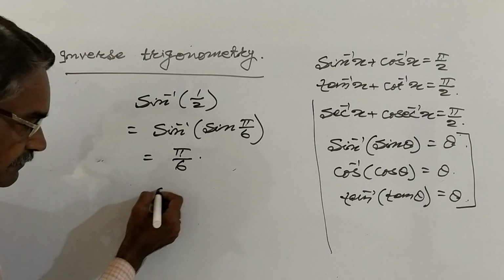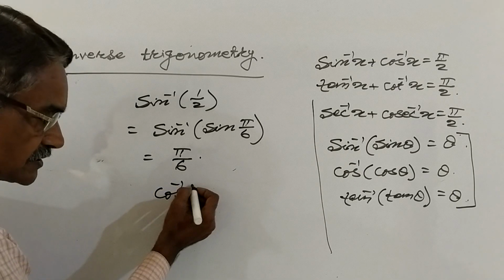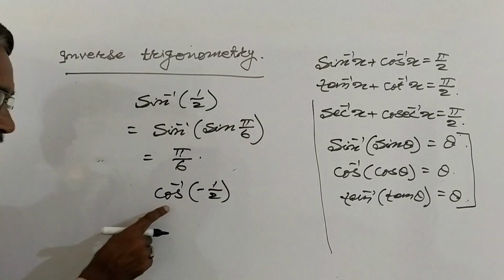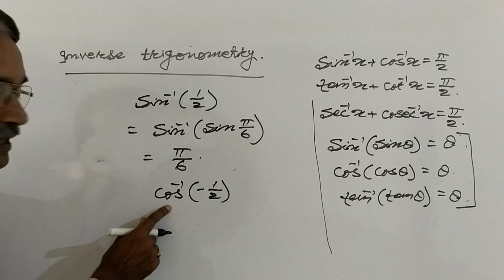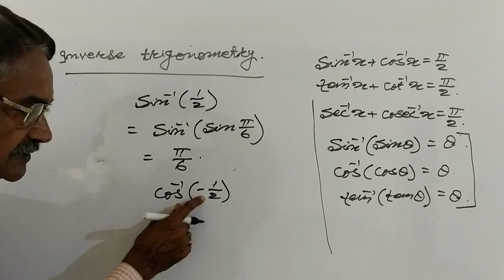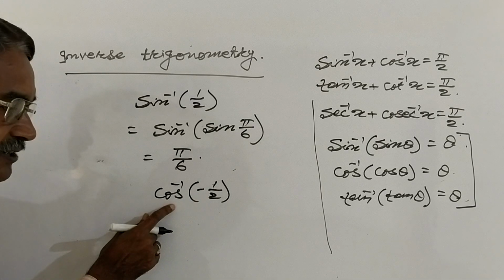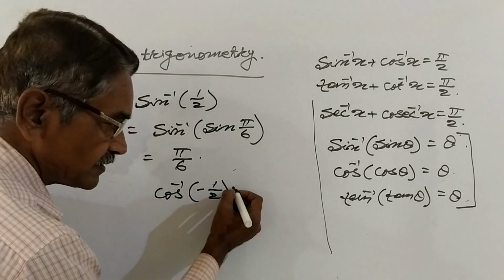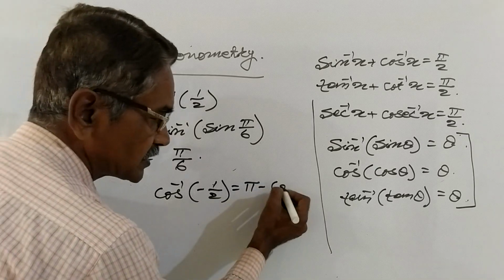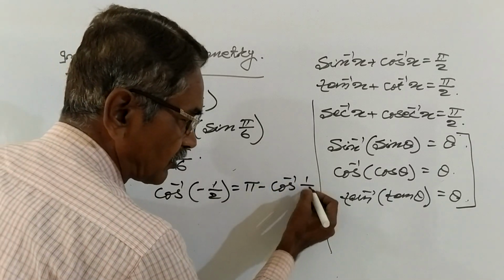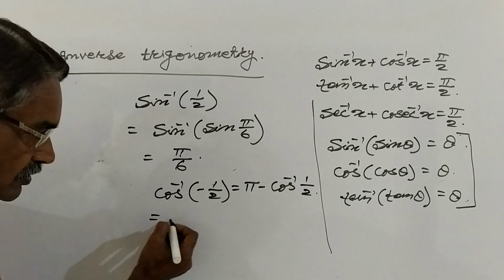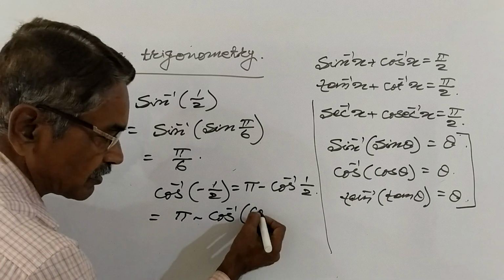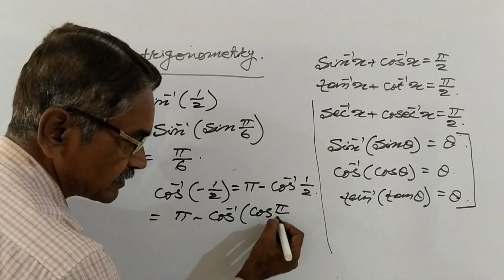Similarly, if I write cos inverse minus half, now first it will be written as an angle. Here this value is negative, so it will be read as cos inverse minus x. It is pi minus cos inverse x. Now pi minus cos inverse cos pi by 3.